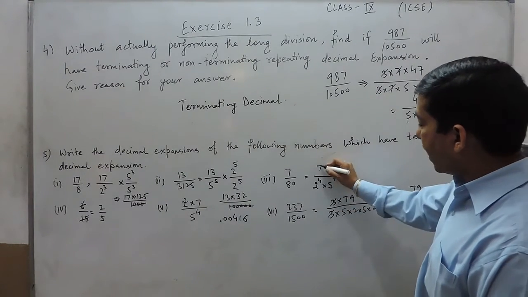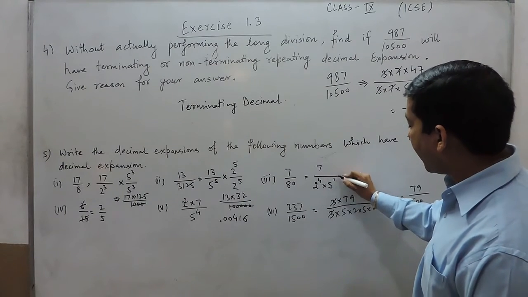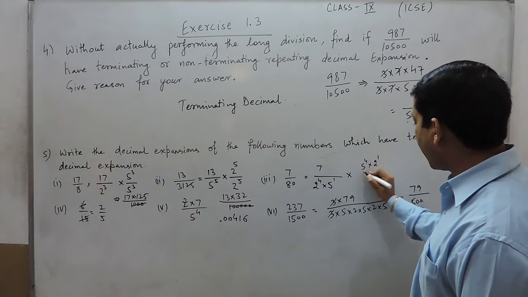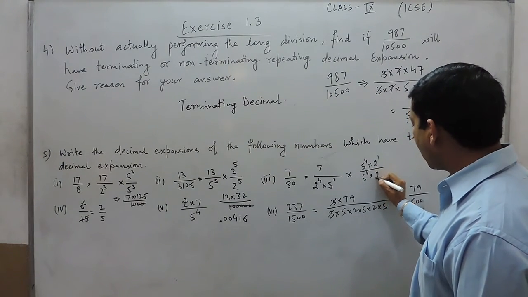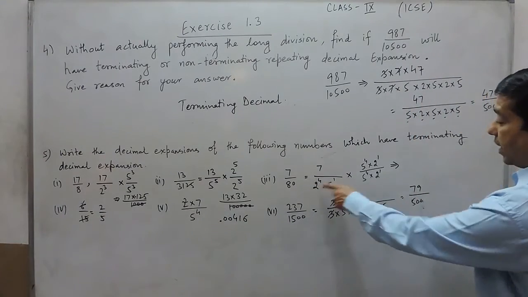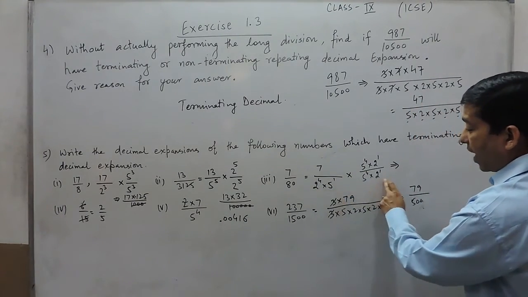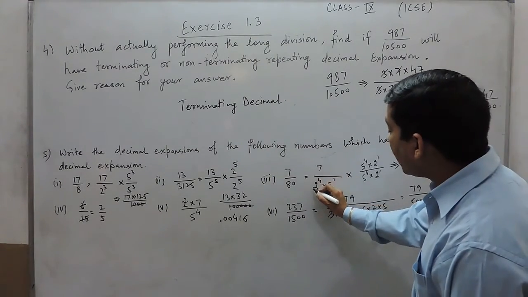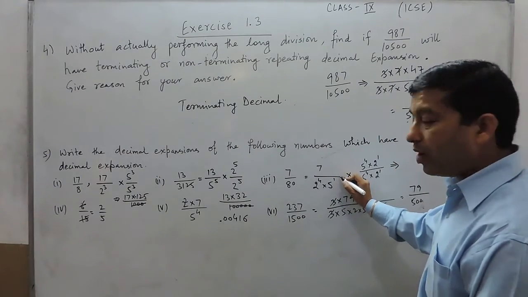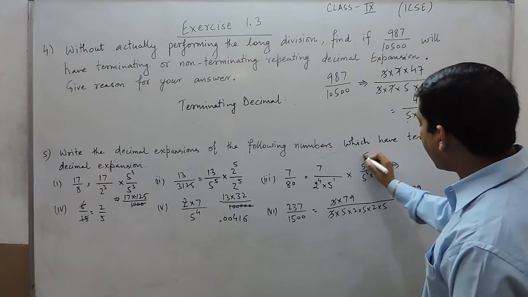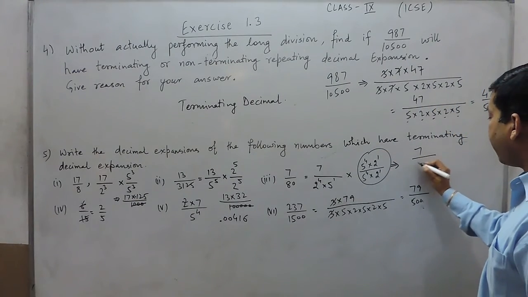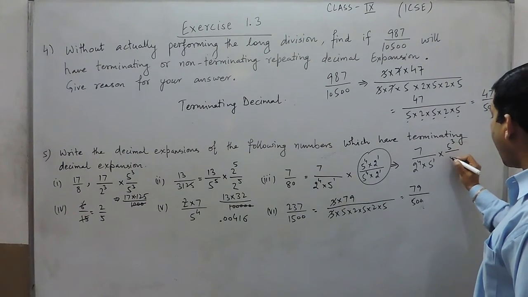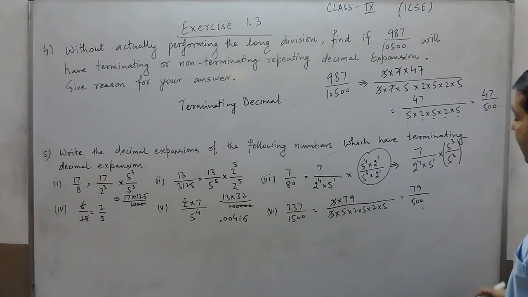So it is always easier to multiply by so many 2s and 5s instead of doing long division. When I am writing 7 upon 2 to the power 4 into 5 to the power 1, this can be multiplied by 5 to the power 3 in the numerator as well as the denominator, because in the denominator there are four 2s and one 5, and we already know that one 2 and one 5 make 10.